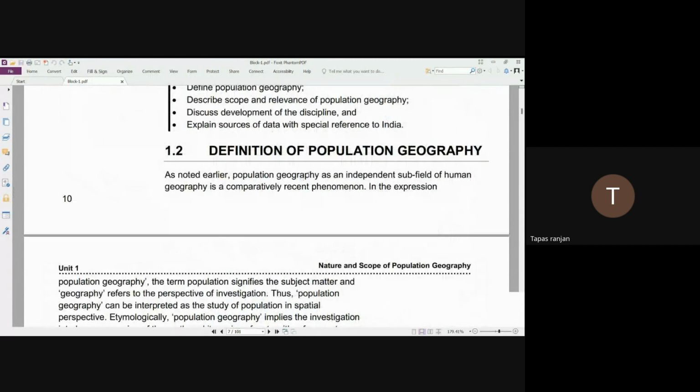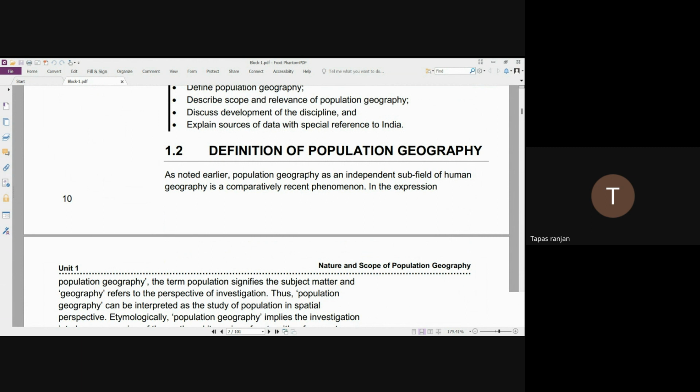Okay, so what is population geography? We are studying population from a spatial perspective. What is that spatial perspective? There are different components of population geography.